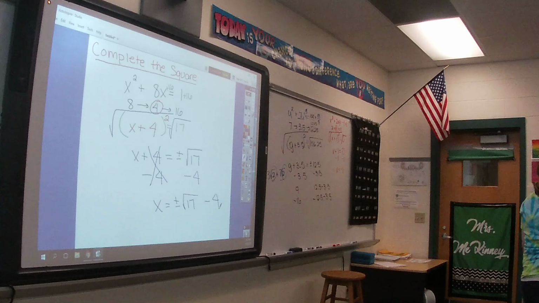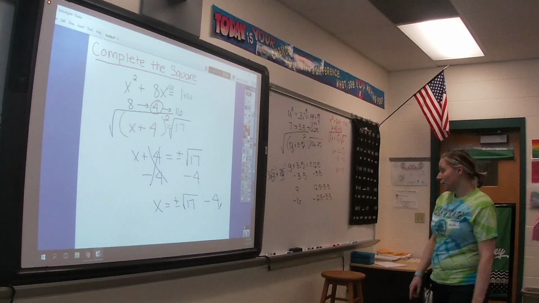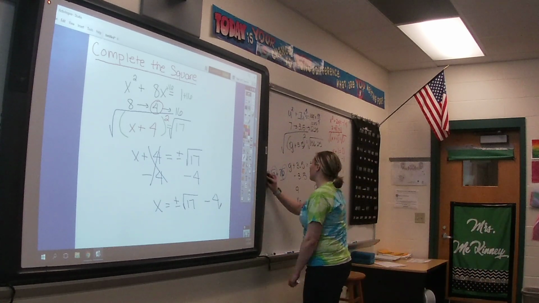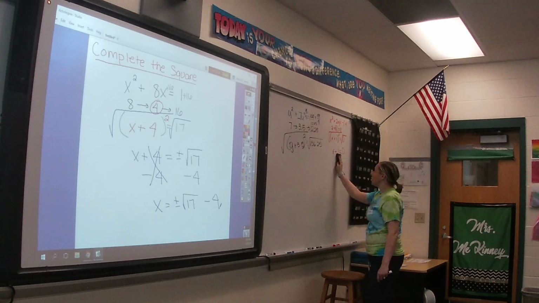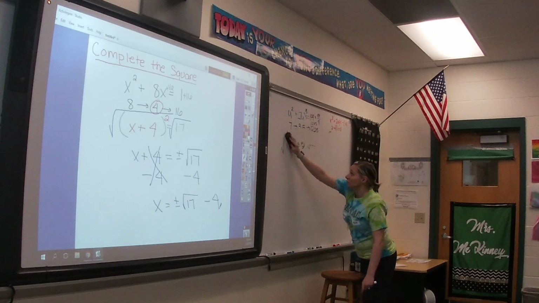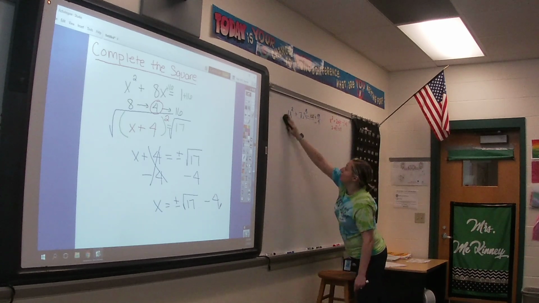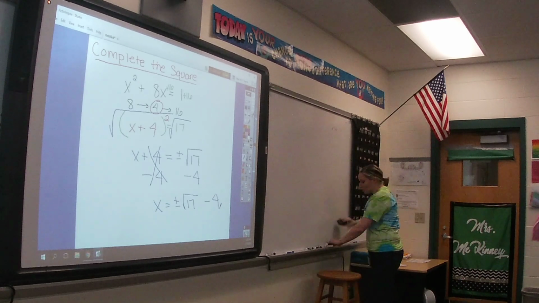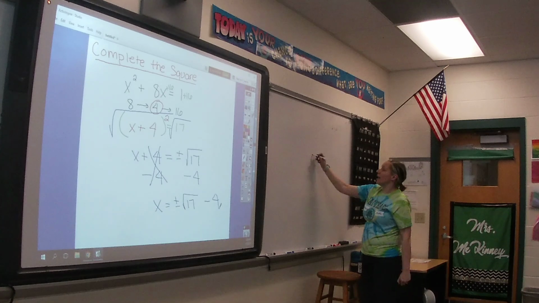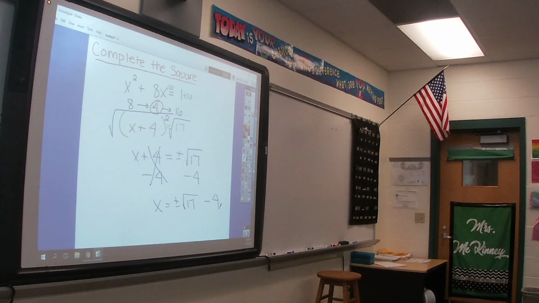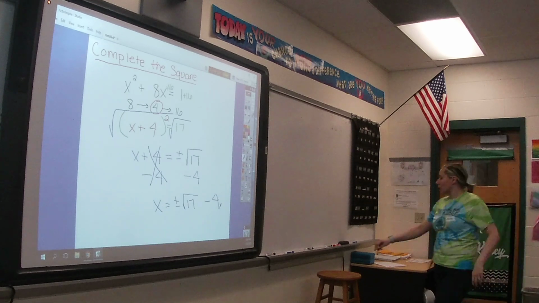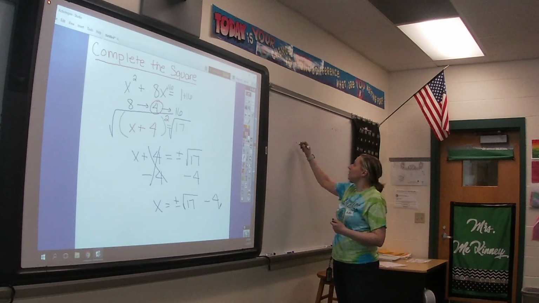Now, some things you have to be very careful of. Make sure that when you are writing down your final answer, you don't get square root happy. I have a lot of students who just love that square root symbol too much, and they'll put down plus or minus the square root of 17.